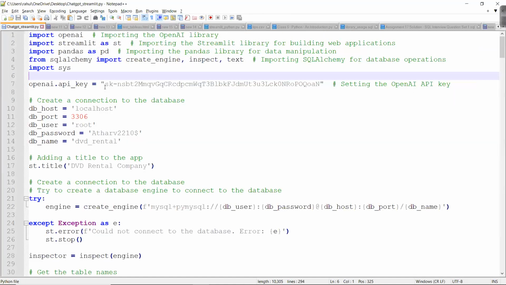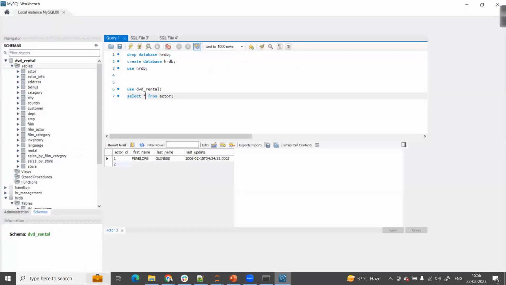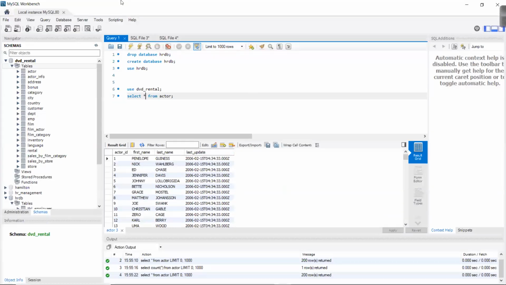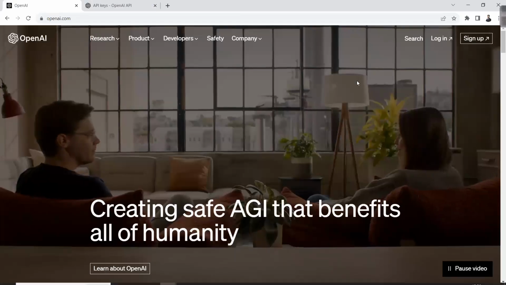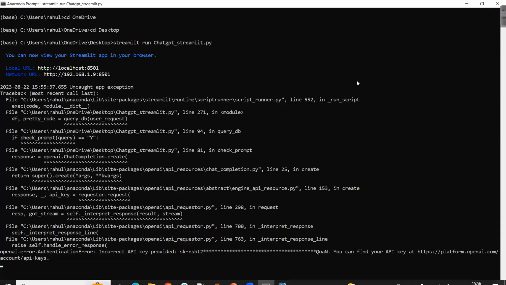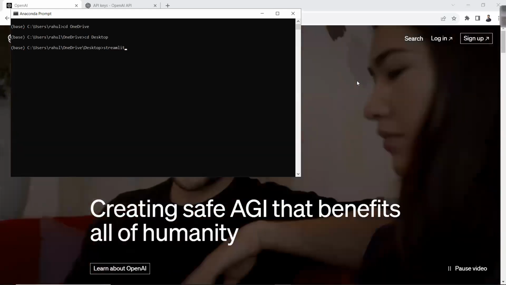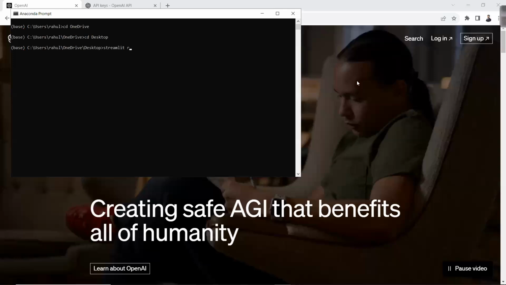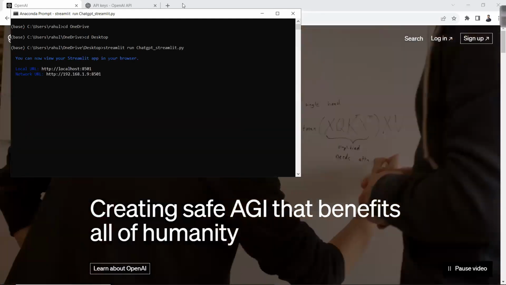Here I have to replace this key because that key got expired. And now I'll just go and relaunch the app. So it will open up the app again.